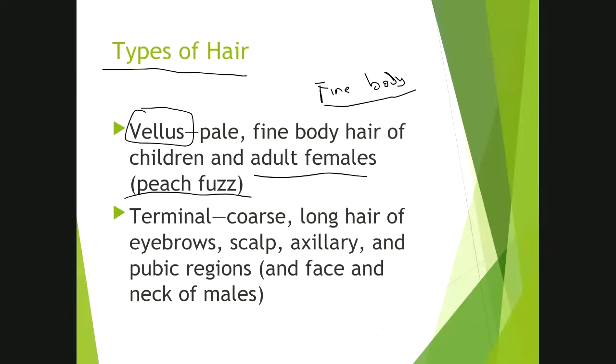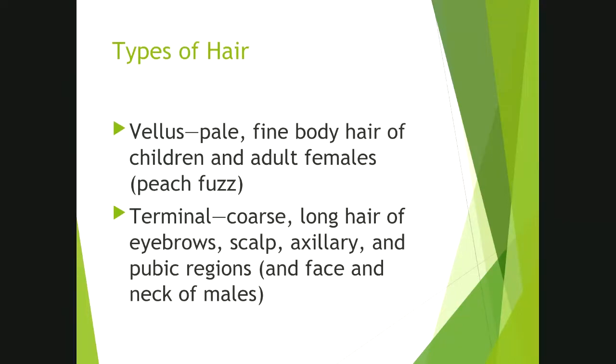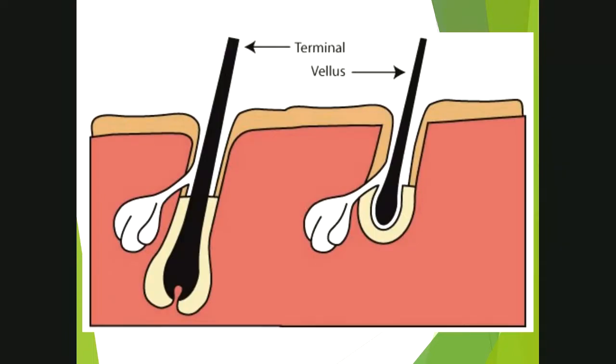But we also have much coarser, longer, stronger hair, and that's called terminal hair. That's found on the scalp, in the eyebrows, in the pubic area and the armpits and places like that. And if you're a male, it's found in the beard and the chest. That's terminal hair.